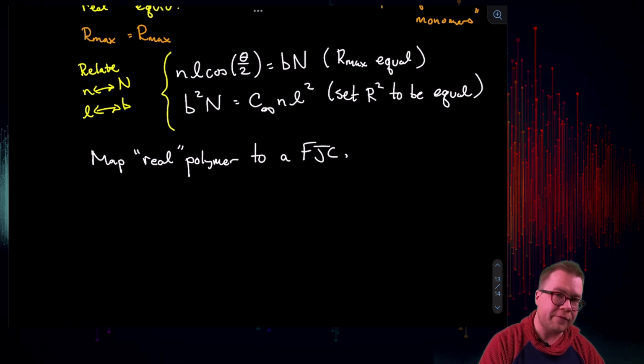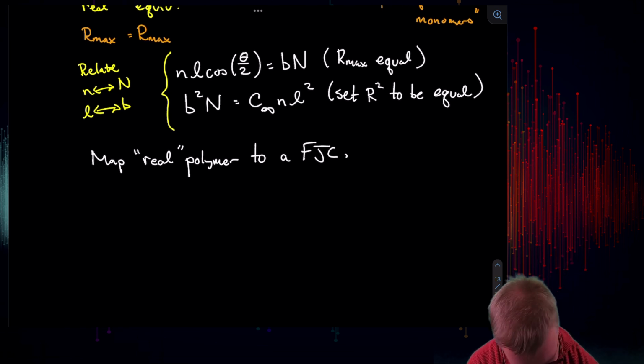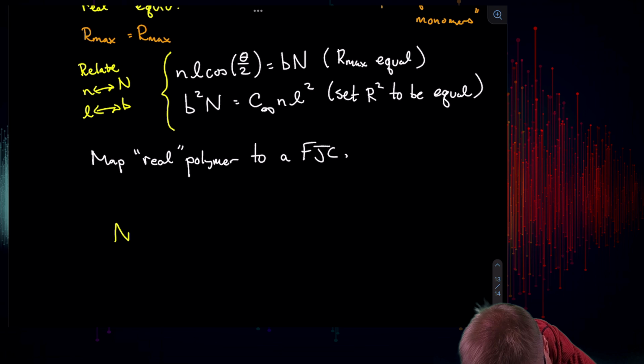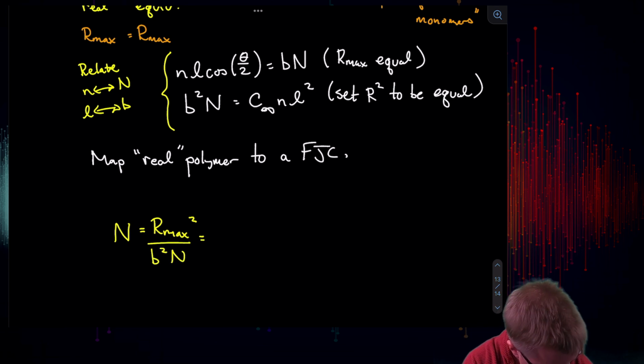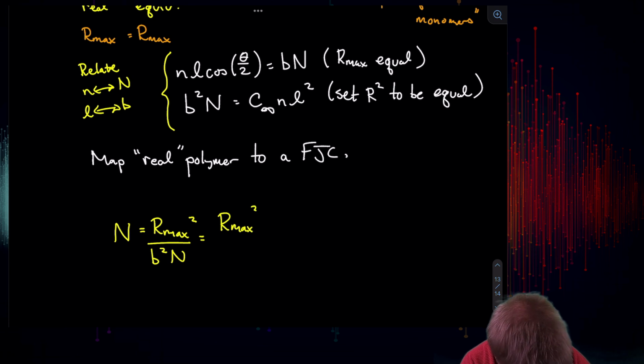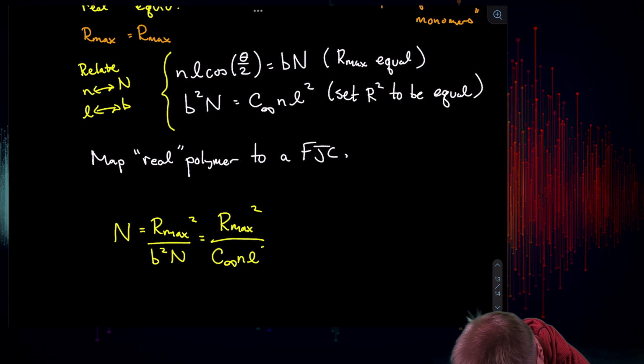Okay, so for example, I'll just give you the results. Capital N would be R max squared over B squared N, which would be R max squared over C infinity N L squared.